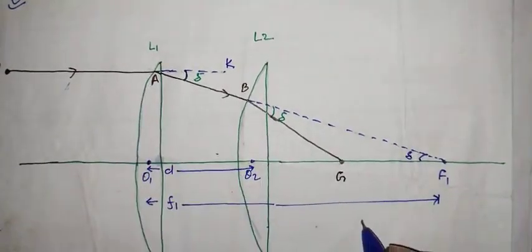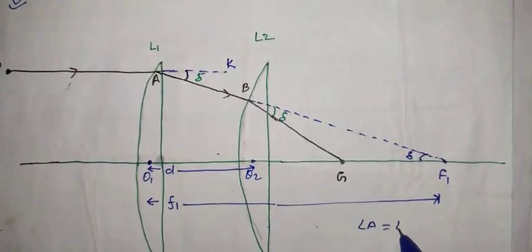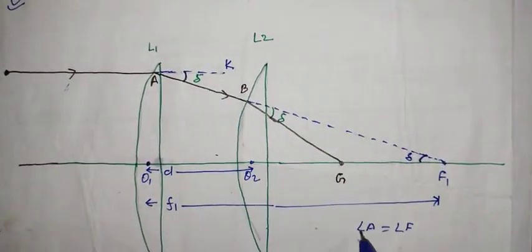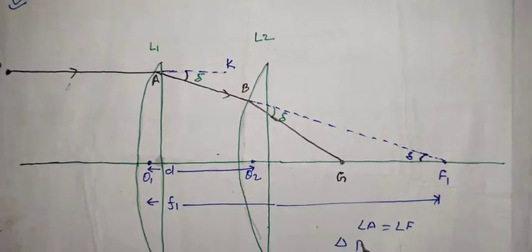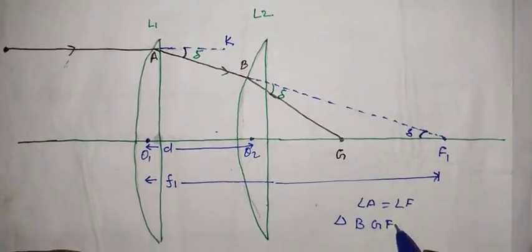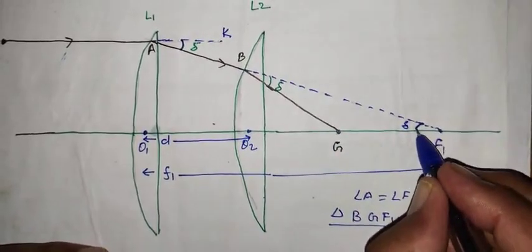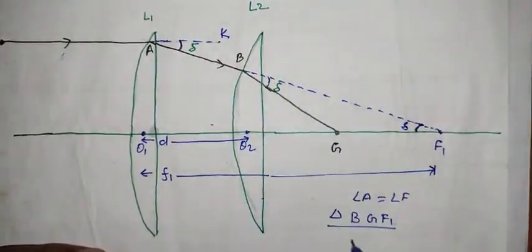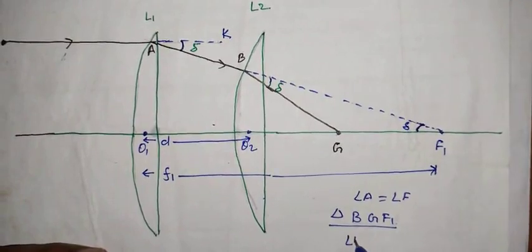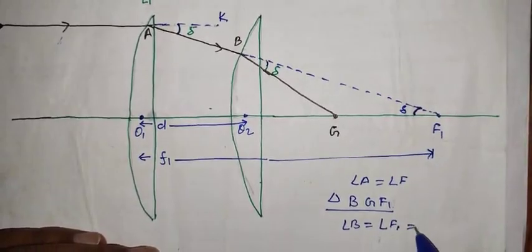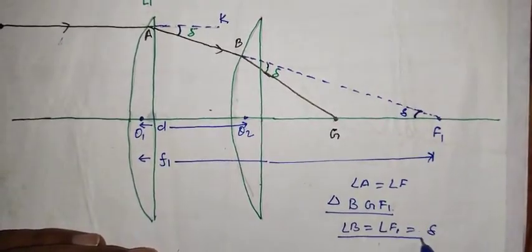See, angle A is equal to angle F. Now see in triangle BGF1, this triangle in which two angles are equal. Which two angles are equal? Angle B is equal to angle F1, equal to the deviation angle.